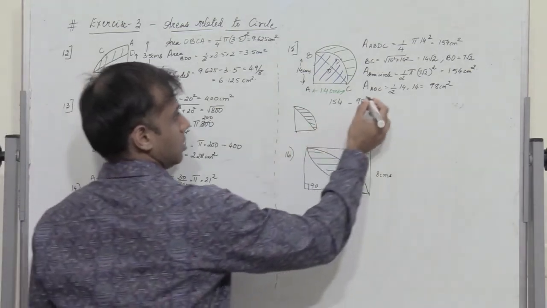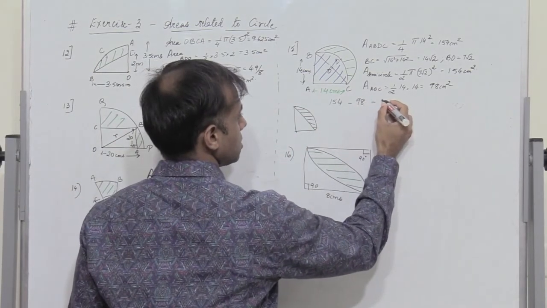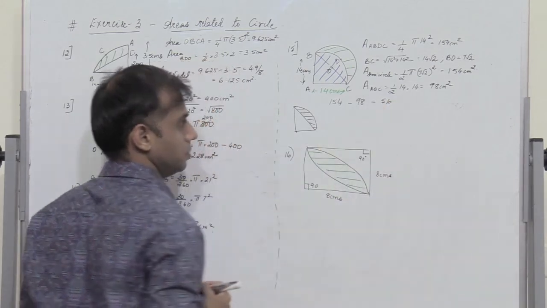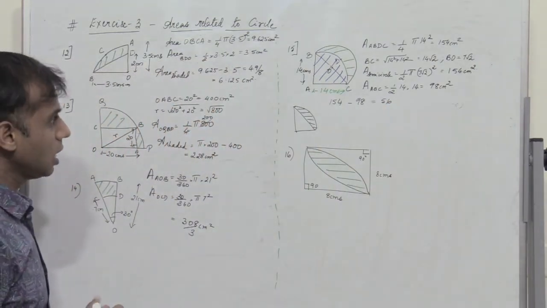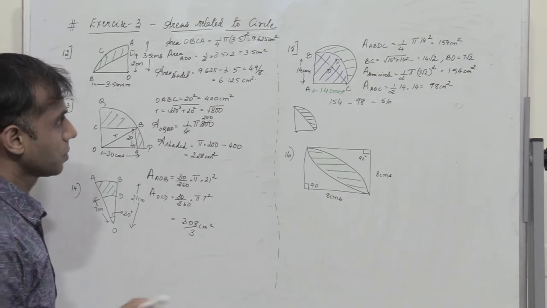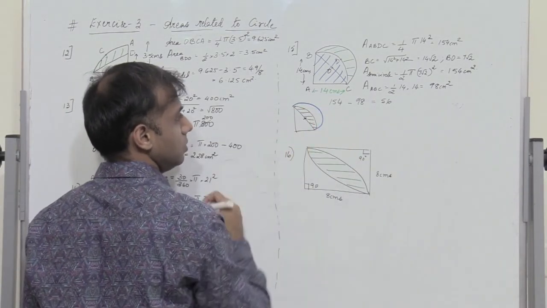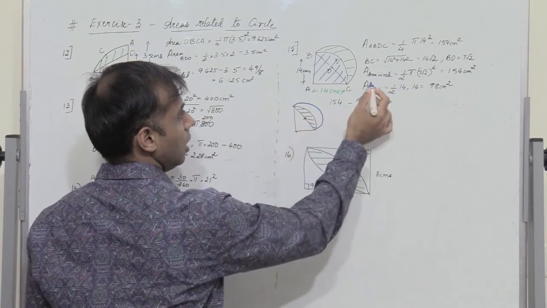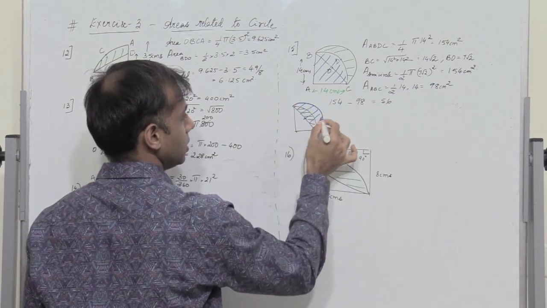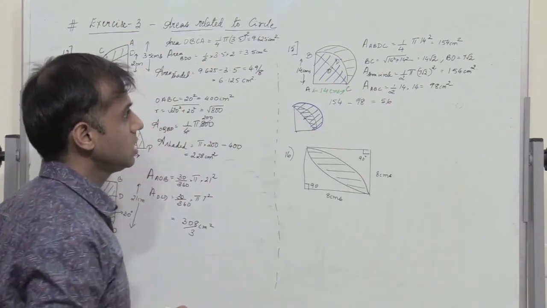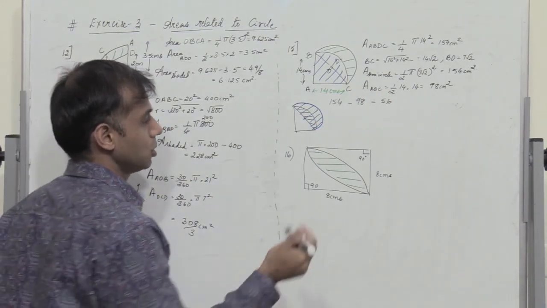Okay, right? So this gives us 56. So this is the area here. Now, if I consider the area of the semicircle, the semicircle is this entire area, which is 154.